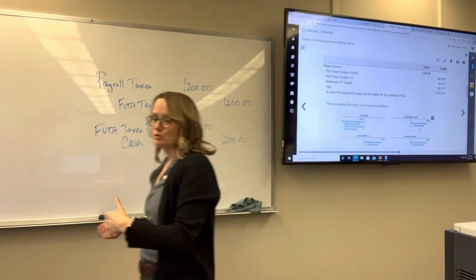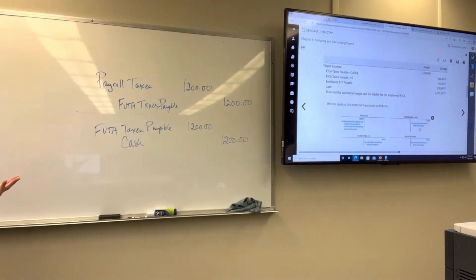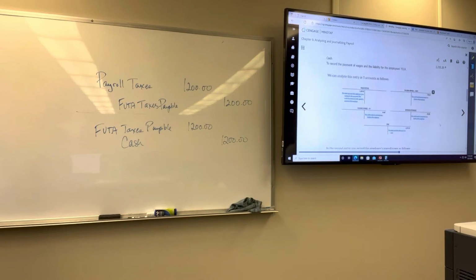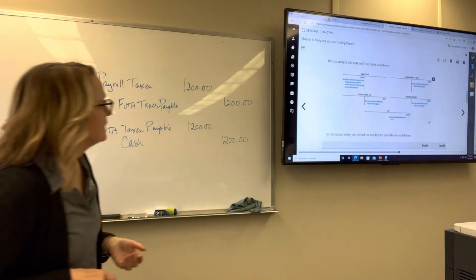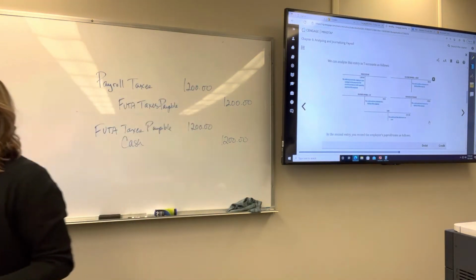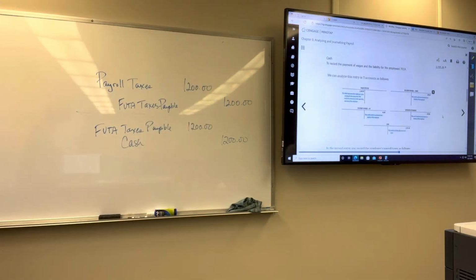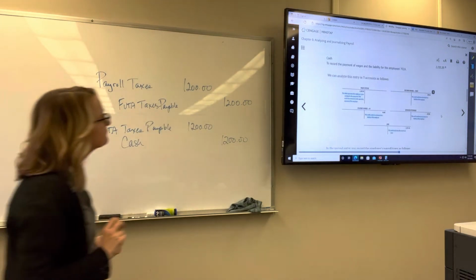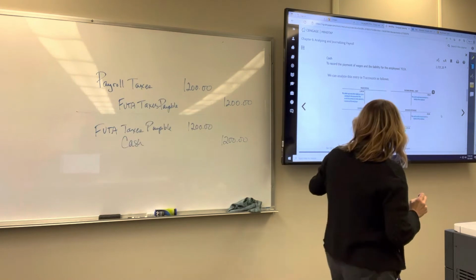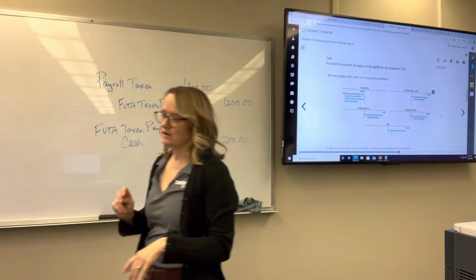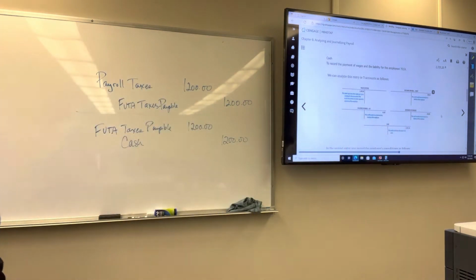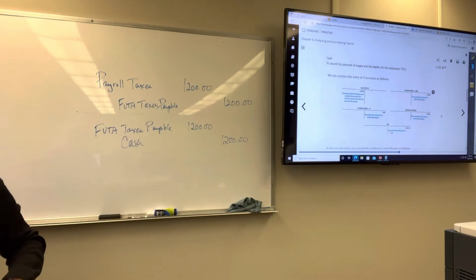And of course that would affect the amount of cash going out. It increases our liabilities, but decreases the amount of cash going out currently. So once we have entered those, we then post them to the T accounts, which are the general ledger.